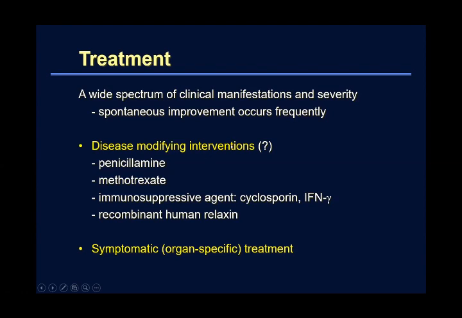So it is an autoimmune disorder, and what are the drugs which can modify the autoimmune disease? Like penicillamine, methotrexate, immunosuppressants like cyclosporine, interferon, and recombinant relaxin. Steroids have been used, but they are not that effective in a patient with scleroderma.